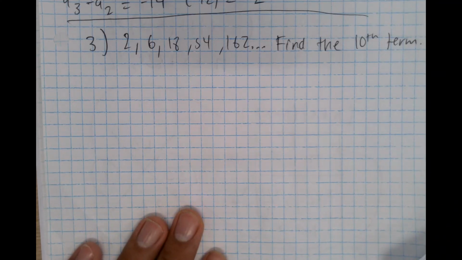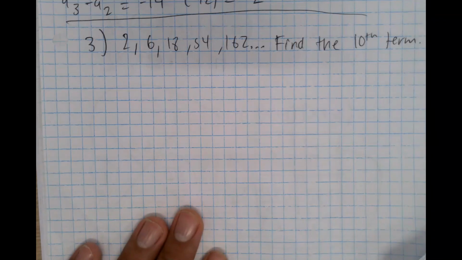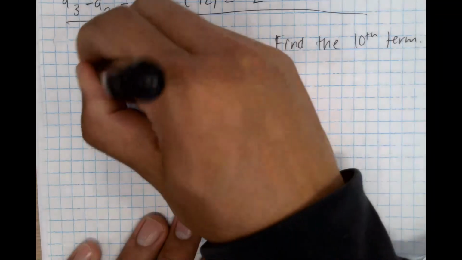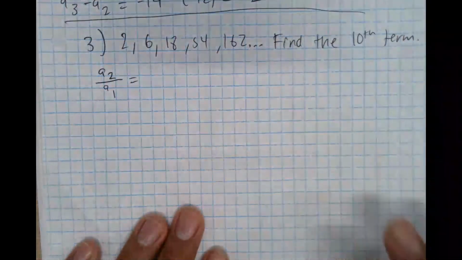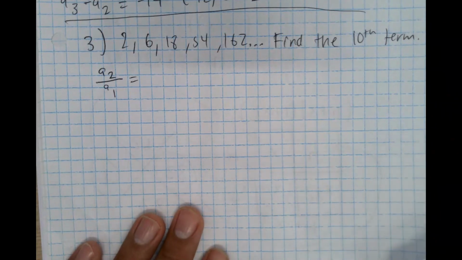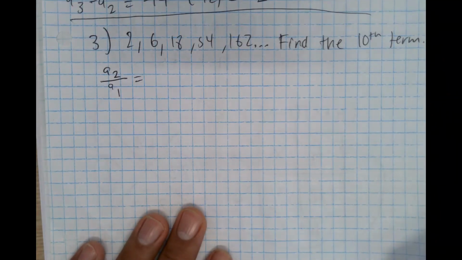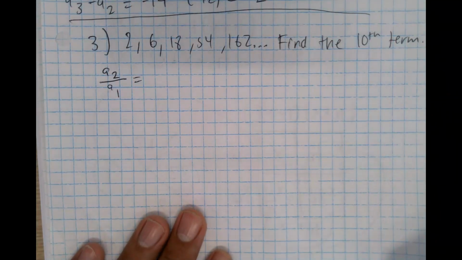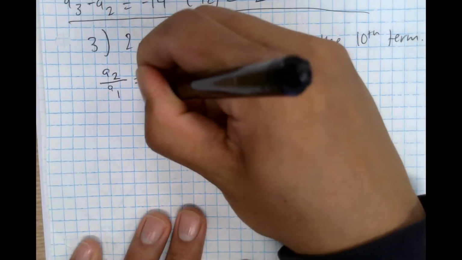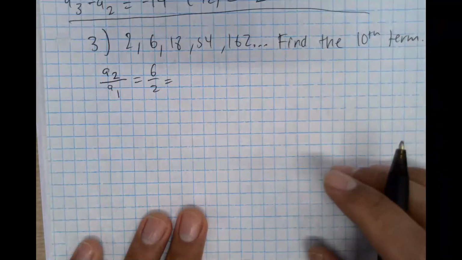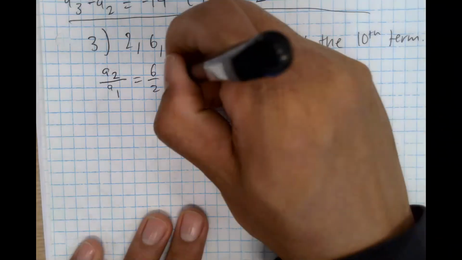Okay, how do we do that? A2 over A1. And I will say that you don't need a test because they say in the instructions given geometric series. But yeah, that's fine. So we could do 6 divided by 2, which is equal to 3. So what's the common ratio here?